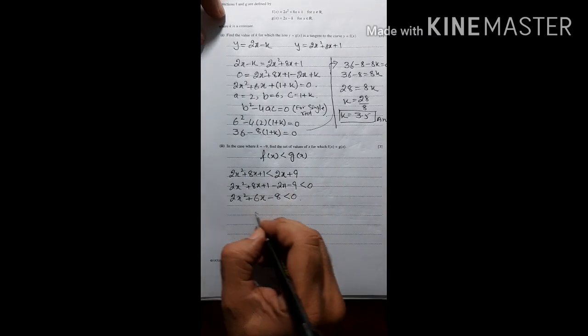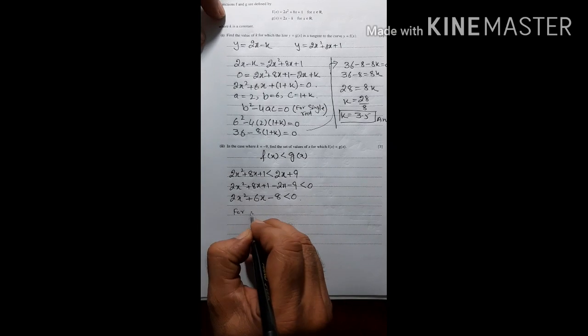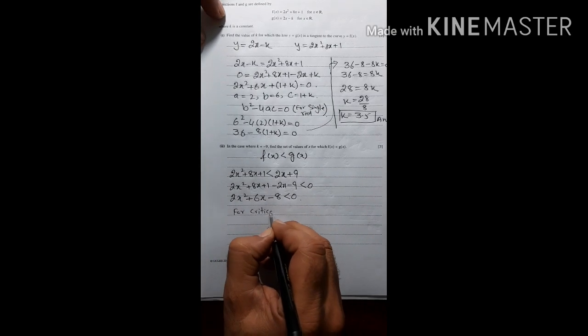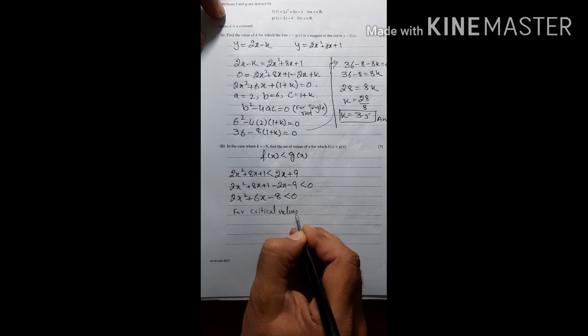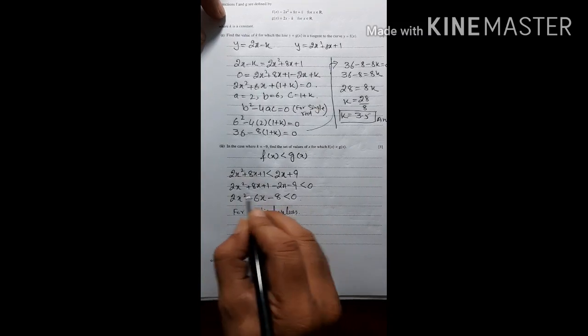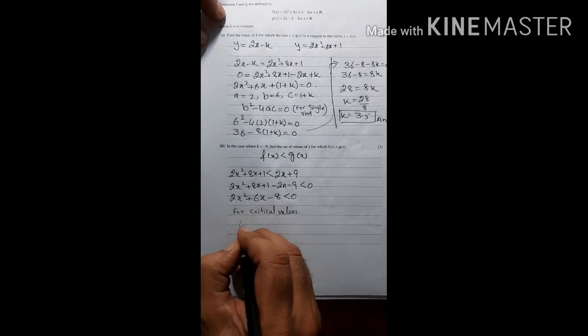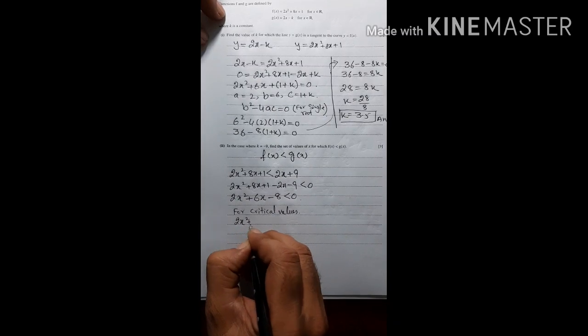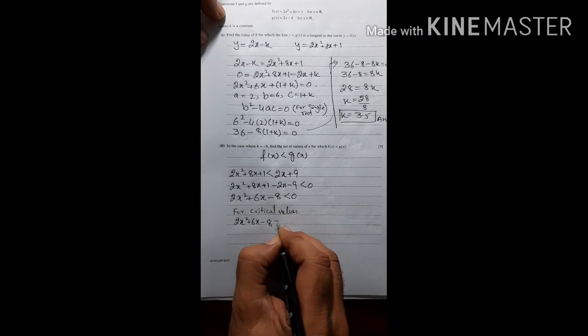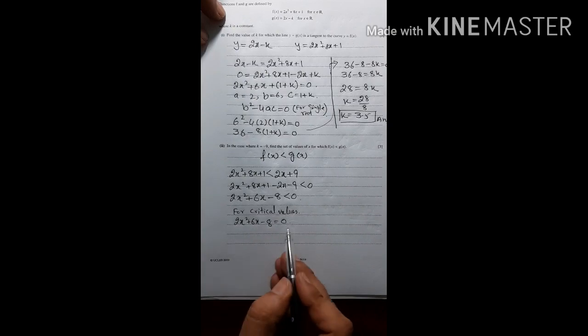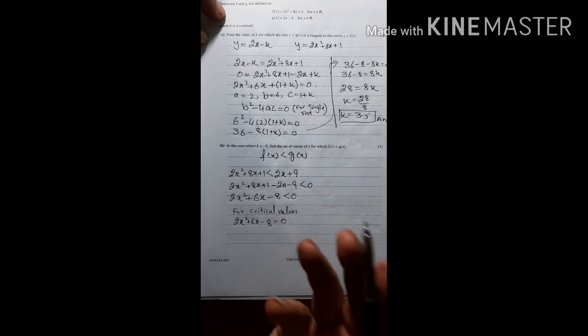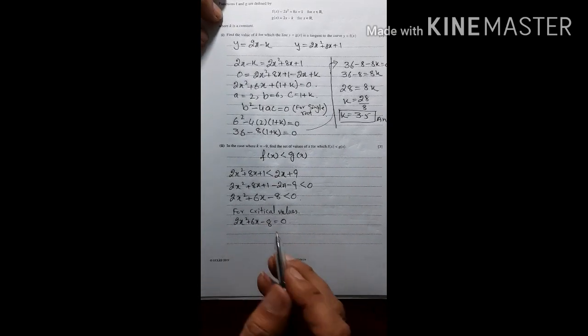So for critical values, I will solve this equation for critical values. It will be 2x square plus 6x minus 8 is equal to 0 for the moment. I will not solve it in full. You know how to solve the quadratic equation.